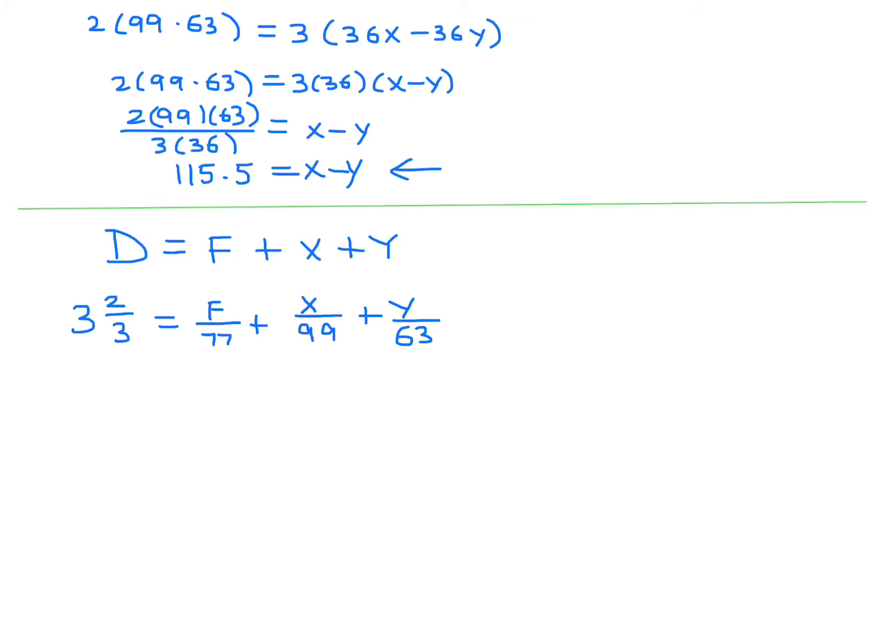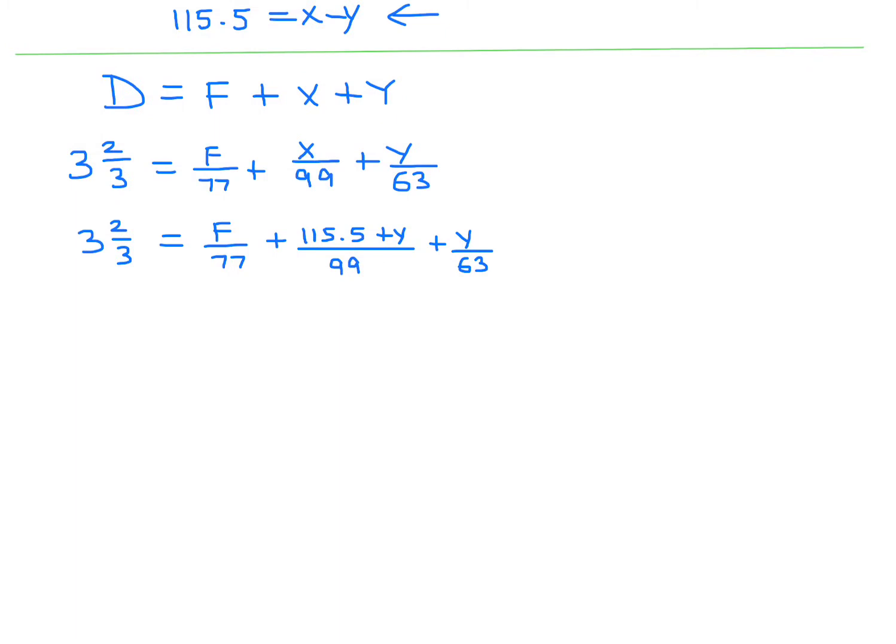So let's see what I can get with that. I can substitute for x, I can substitute 115.5 plus y over 99. And that's going to be like this, 3 2/3.